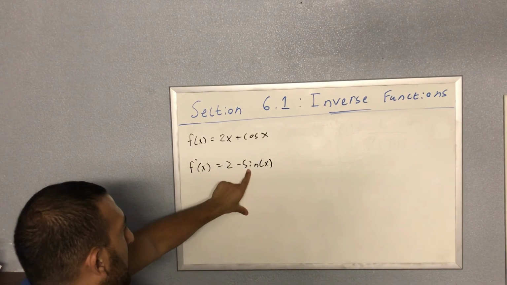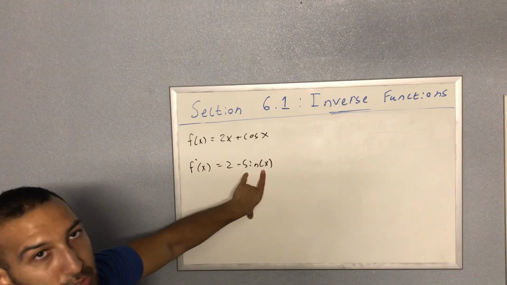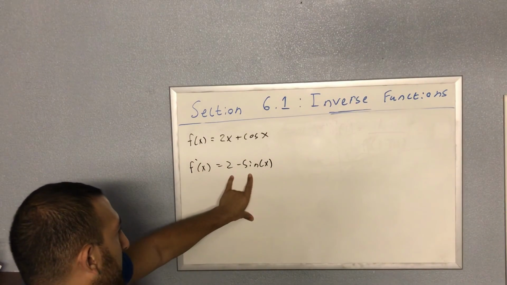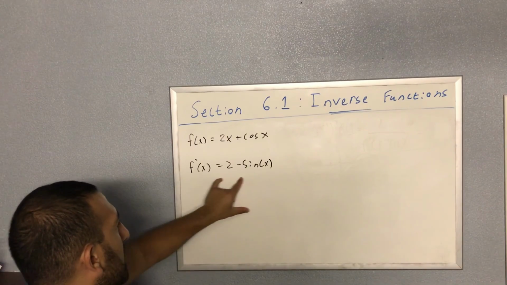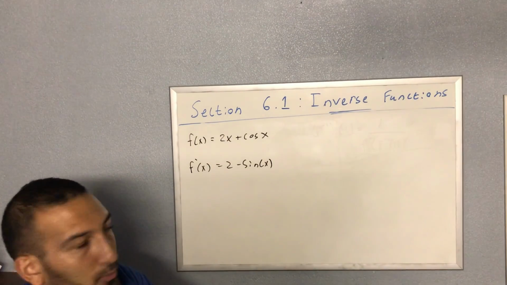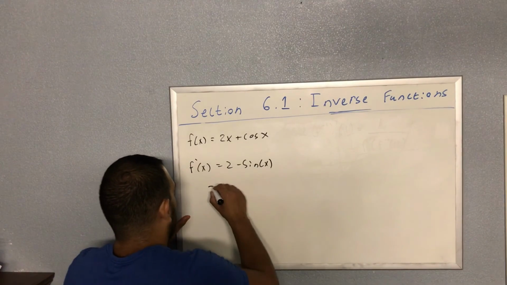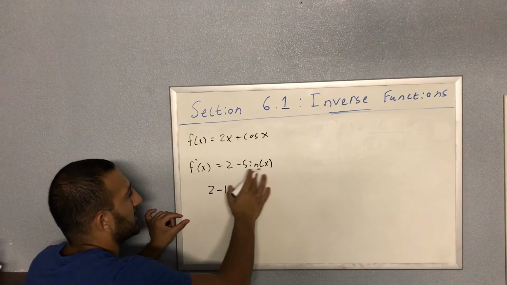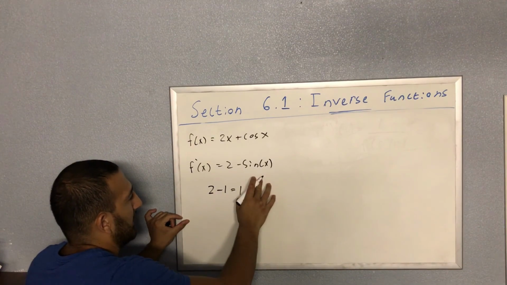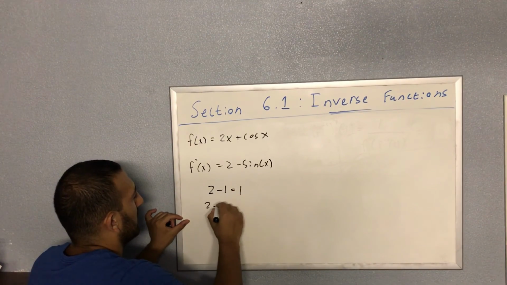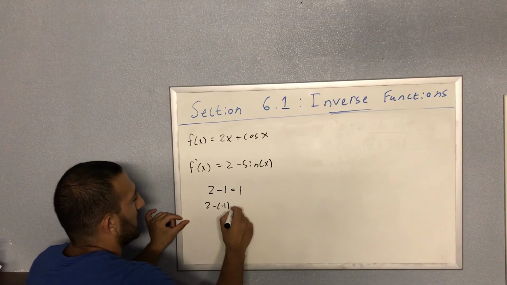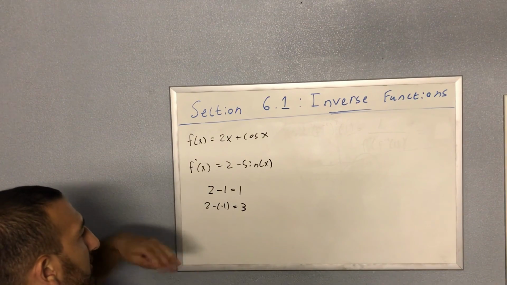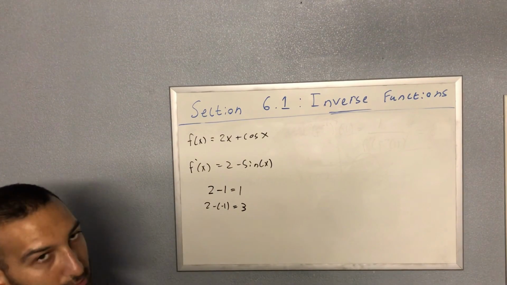Because this number sine x can never be larger than 1, the smallest output that the derivative can take on is 1, because in the worst case scenario, it's 2 minus 1, which is 1. In fact, the smallest sine gets is negative 1, so 2 minus negative 1 is actually 3. So this function takes on values between 1 and 3.